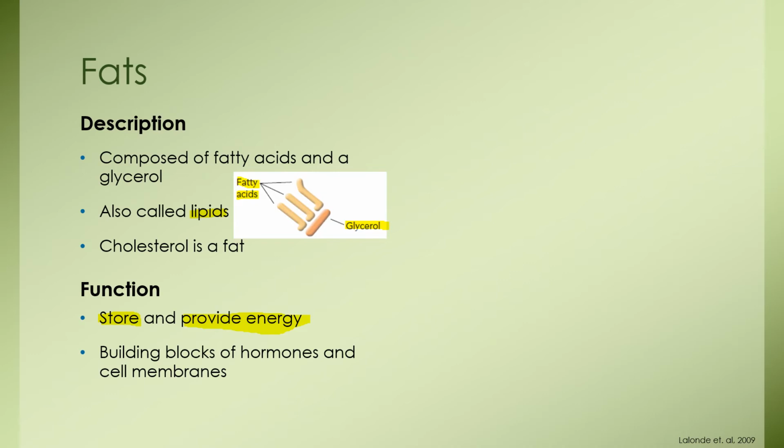But the fats has also another importance. They are building blocks of hormones and cell membranes. So the cell membranes of your body, they need this lipid. They are called phospholipids because it's made of phosphorus and lipids. So they made the cell membranes of your cells. So you need to have some fats to produce cells.